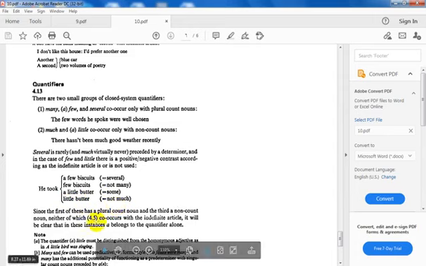So the first of these has a plural count noun and the third a non-count noun, either of which co-occurs with the indefinite article. It will be clear that in this, a belongs to the quantifier alone. تشوفون زين هسه. يعني مستحيل أفكر بهذه article ليش؟ لأن أنت عندك plural biscuits as a plural. فلا تفكر إنه a part of the noun phrase.